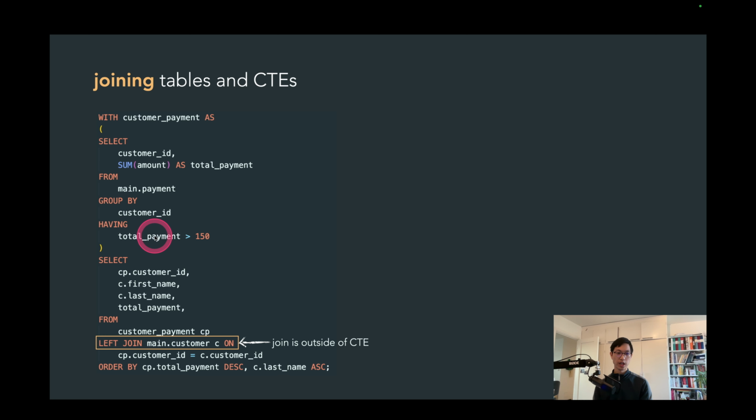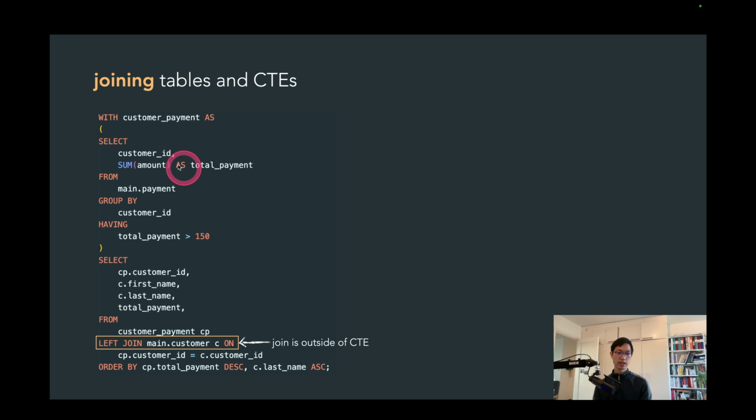And we only keep those highly paid customers, right? So total payment over 150. We give this CTE block the name customer payment. Then from this customer payment we pick the corresponding columns, and we join it on the main customer table so that we can get the customer name as well. Here cp.customer ID comes from customer payment, and total payment comes from customer payment, which we have calculated here, right? This total payment.